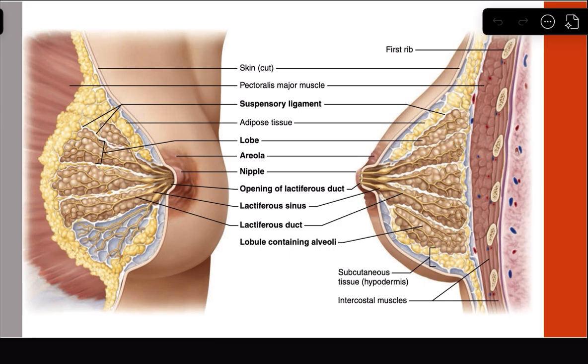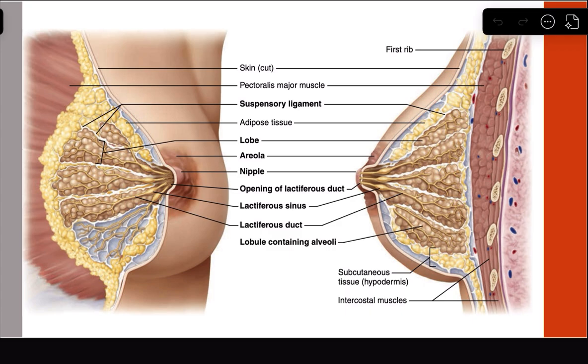We can see our pectoralis major, which I'm sure we're all familiar with by now. It is quite thick over here. We also have some of these intercostal muscles between our ribs. Here's our first rib up here. We have these intercostal muscles all throughout, and you can see there's a couple layers there. So that's one way to become a little bit oriented.